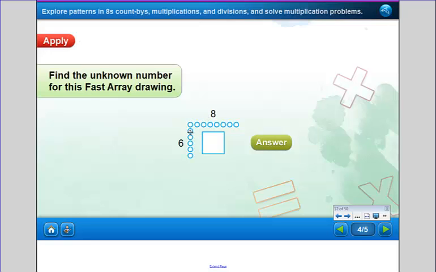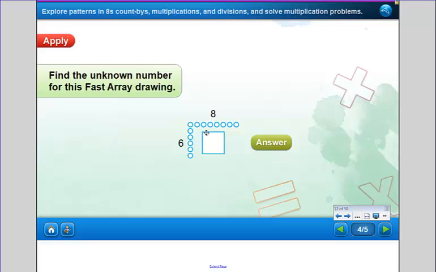And 1, 2, 3, 4, 5, 6 is the other factor. And remember, we can put dots across here to find how many dots are going to be total within that rectangle. Well, the 2 numbers on the side are factors, correct? What's this number right here in the center? What's it going to be?